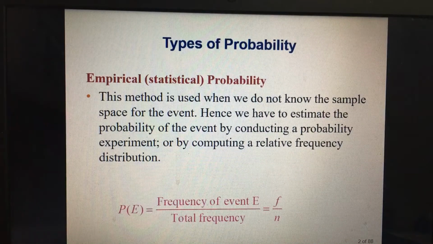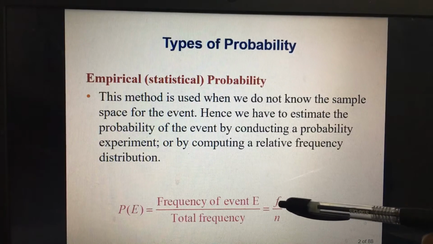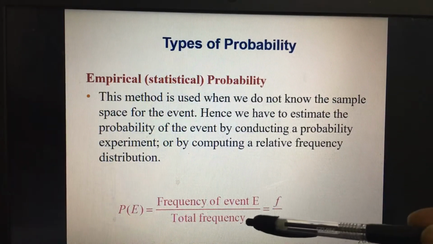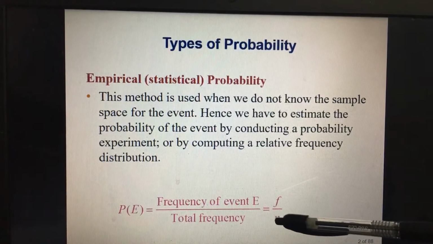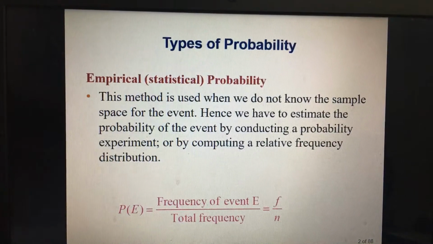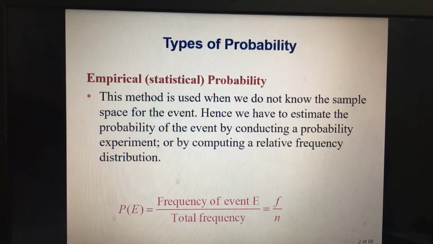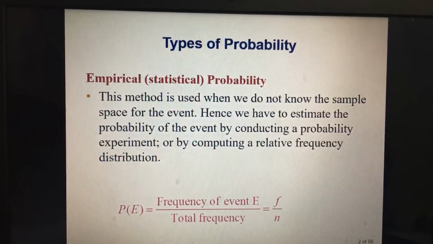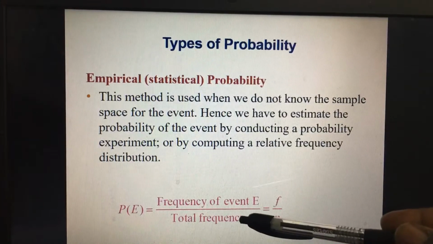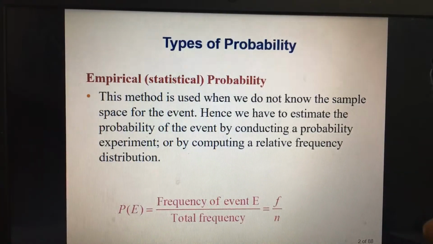So that frequency of event E we represent by the letter F, and the total frequency we represent with the letter N. Okay, so again here we estimate the sample space by ourselves by conducting some kind of probability experiment, or by using what we call a relative frequency and then applying this formula after that.